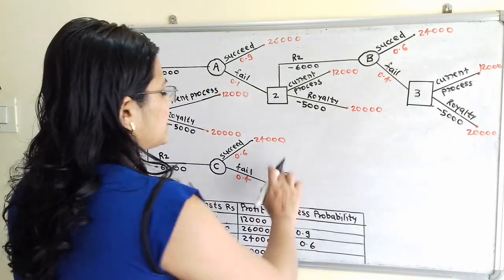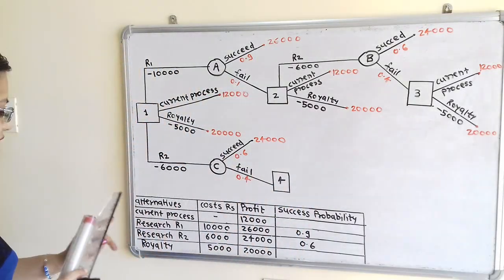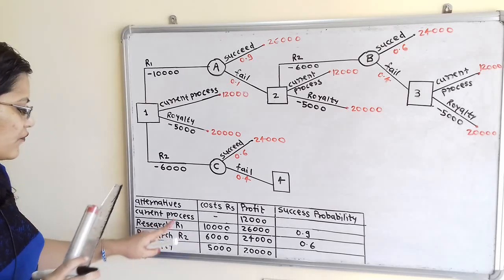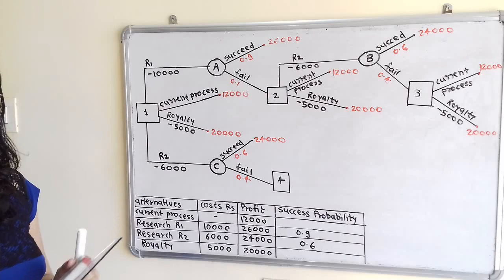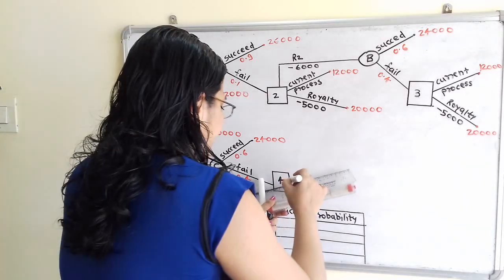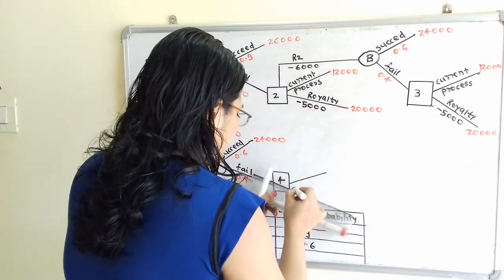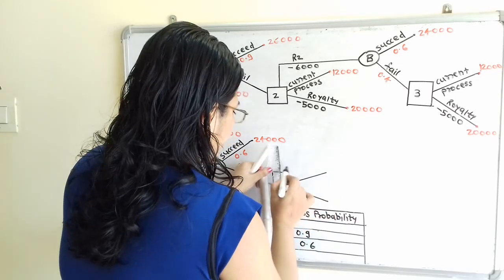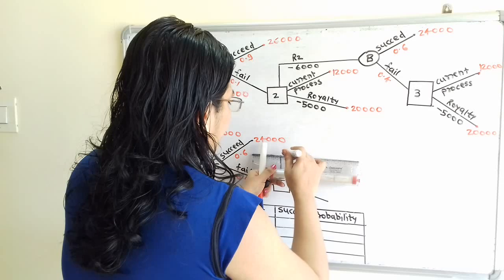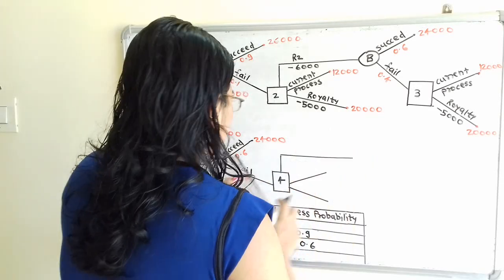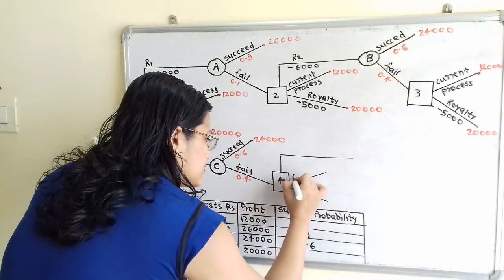Now for this fourth decision again we have three options, because this research R2 fails: follow the current process, follow royalty, or conduct research R1. So I will show here.